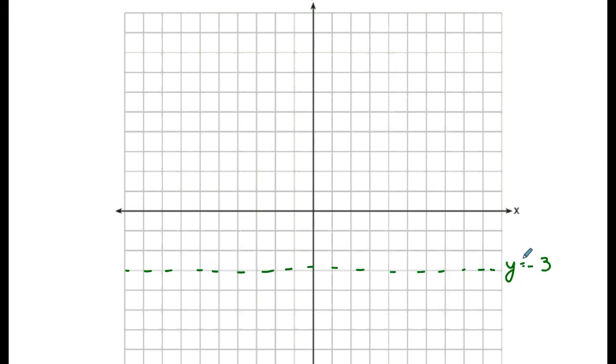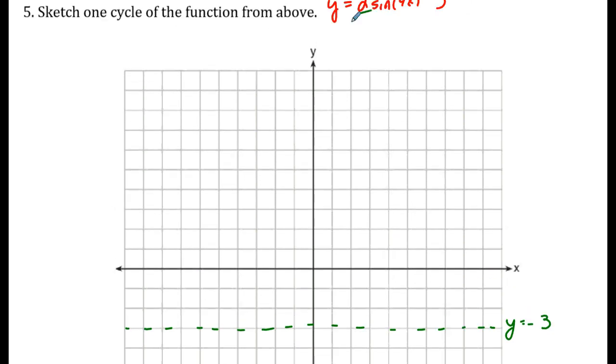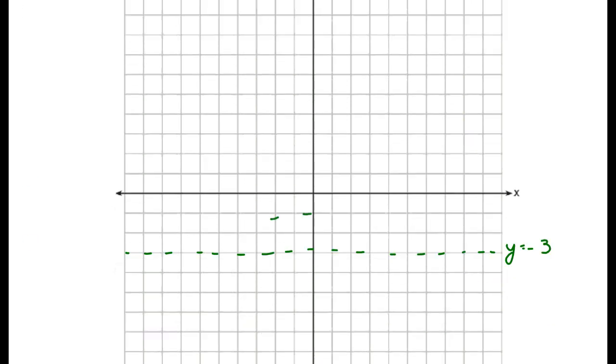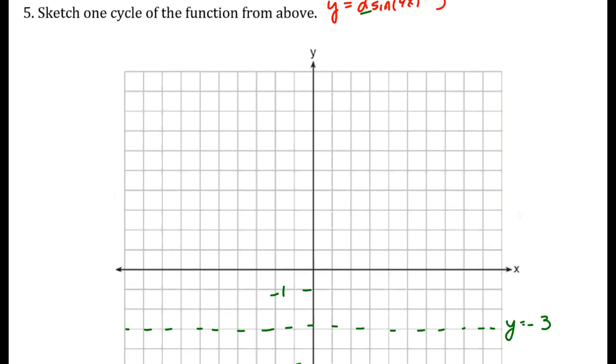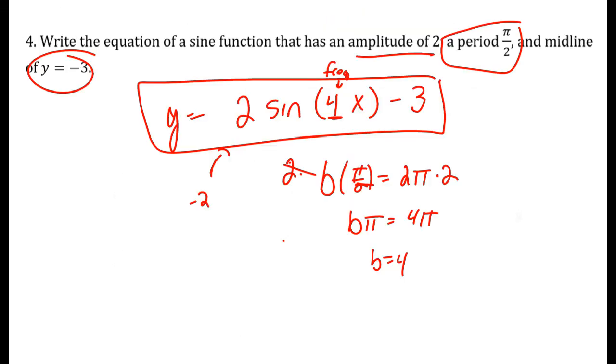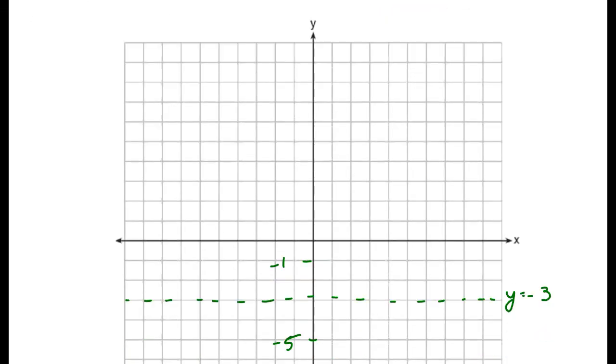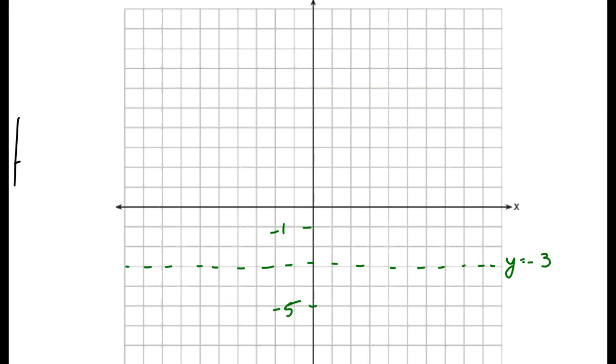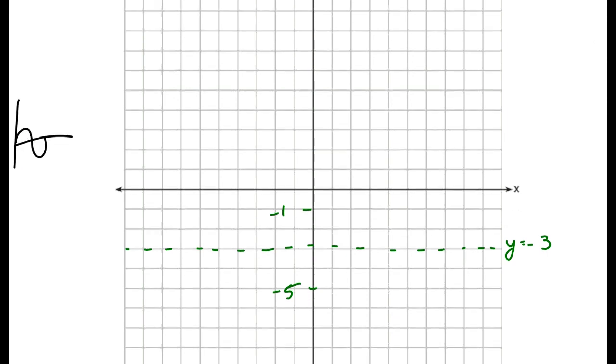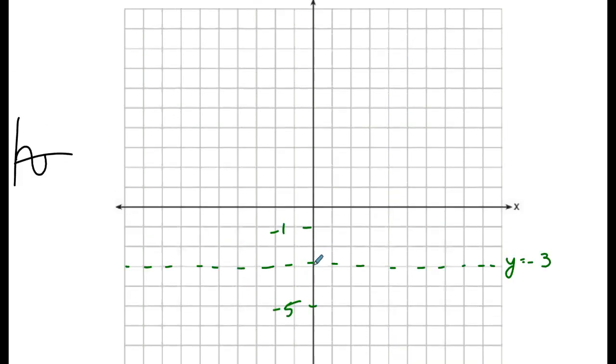That's my midline. And since my amplitude is 2, from there I'm going to go up 2 and down 2 from the midline to get my max and my min. Now we already know the period is pi over 2 from the previous question. So I'm graphing a sine curve. Sine curves are little hill, little valley. So when I go to graph this, sine starts at the midline, max, midline, min, midline.